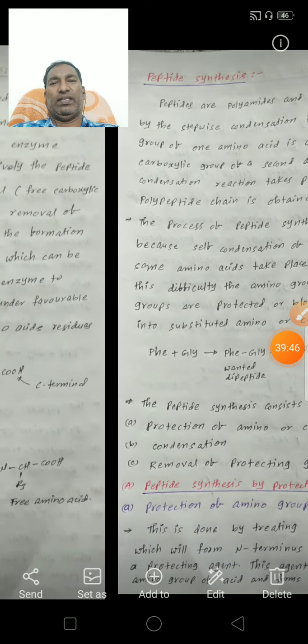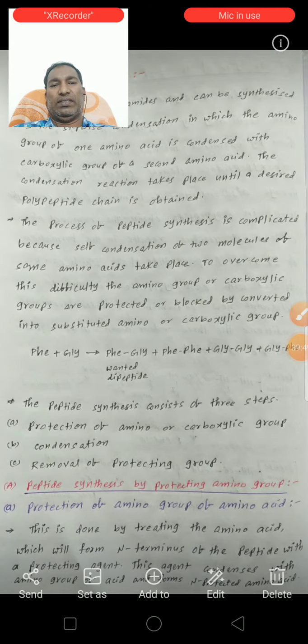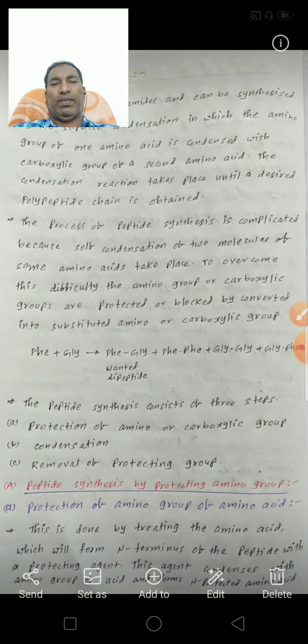Next one is peptide synthesis. These are the methods.